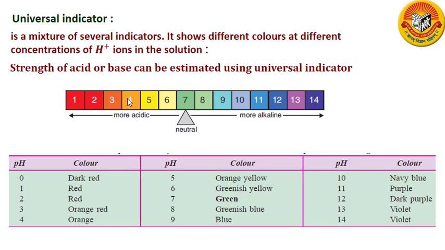There are also different colors produced with basic solutions. The weakly basic solution produces blue color, whereas the highly basic solution gets violet color with the universal indicator. Water will produce a green color, which indicates that the water is neutral. So from this chart we can understand the acidic or basic strength using the universal indicator.